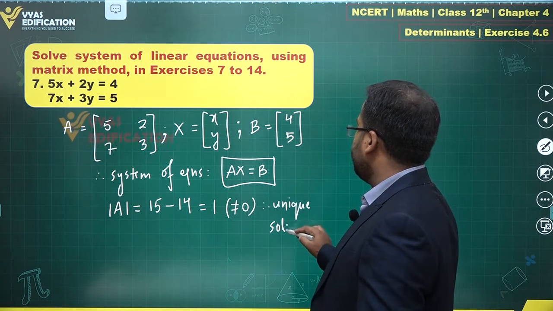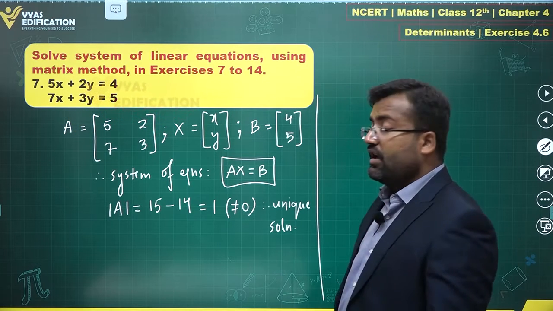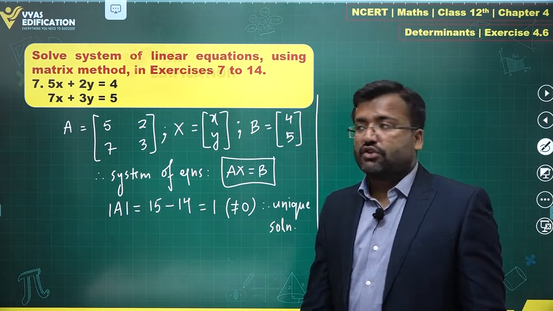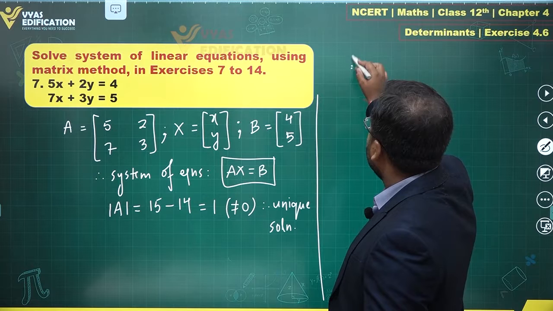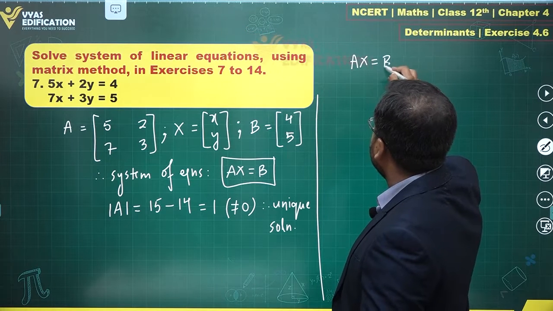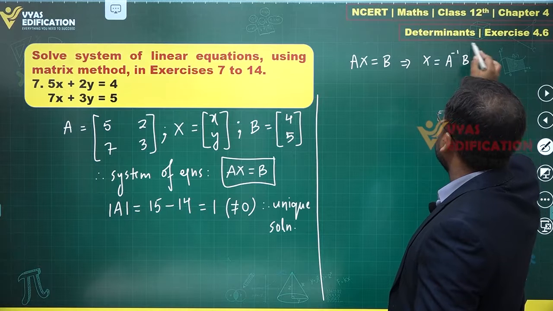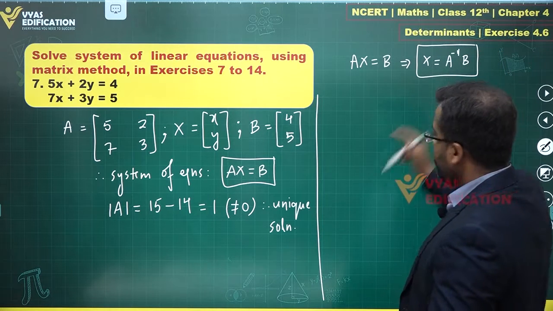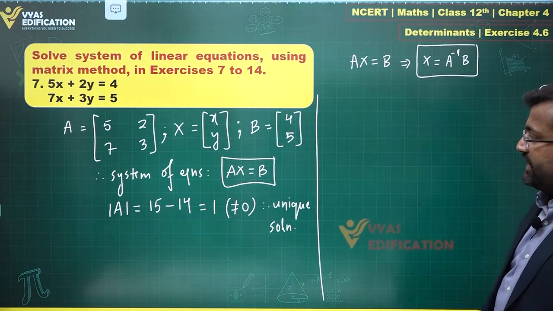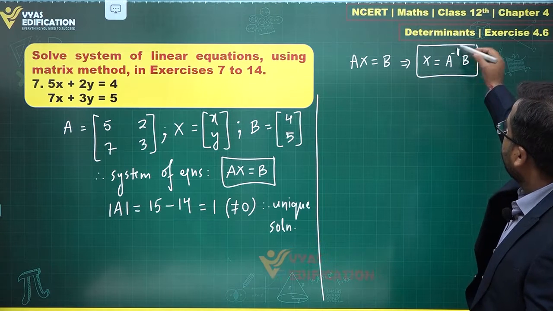Okay, since you'll have a unique solution, let's try to find that solution. So Ax equals B tells me that x will be equal to A inverse B if the inverse exists, that is when A is non-singular, that is the determinant of A is non-zero. Therefore A inverse exists.